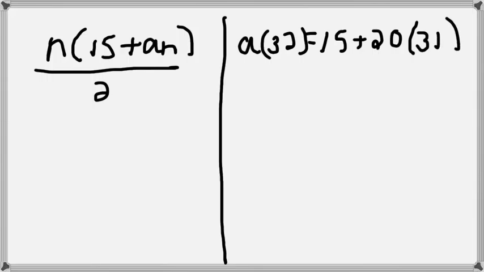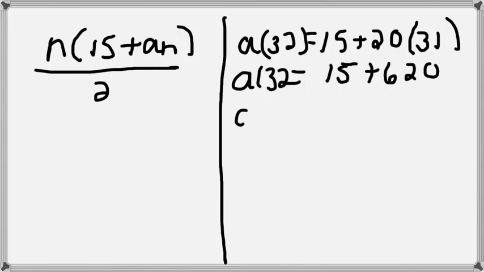And now I'm going to do 20 times 31, which gives me 620. And so if I add 15 plus 620, that's going to give me 635. So the value of the 32nd figure is 635.